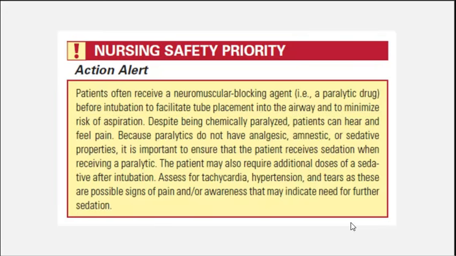They can hear everything you're saying. Be mindful. Because paralytics do not have analgesic, amnesic, or sedative properties, it is important to ensure that the patient receives sedation. So, we're going to paralyze and sedate so that we can establish that airway effectively.